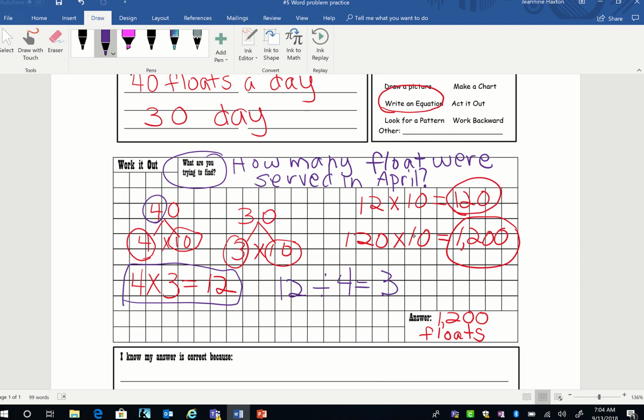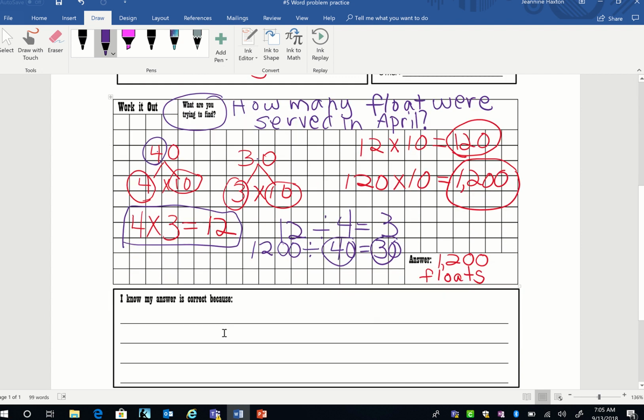And if this is true, then all this will end up working out. So I know that 1,200 divided by 40 equals 30. I used the inverse equation to make sure that my problem was correct.